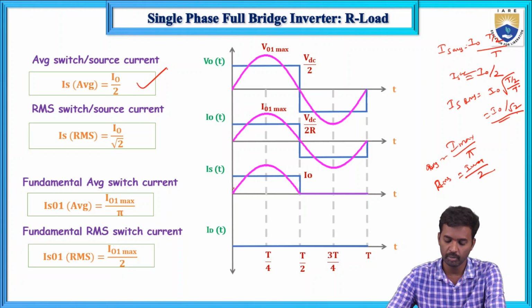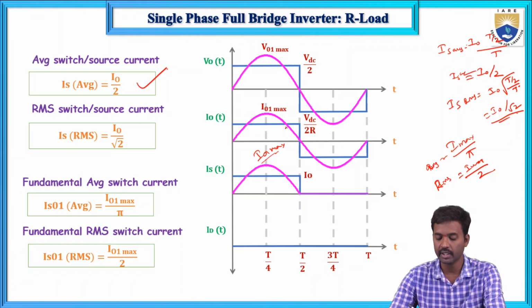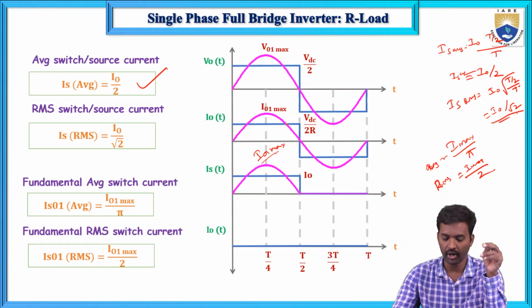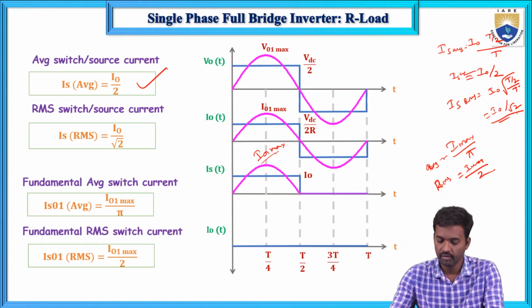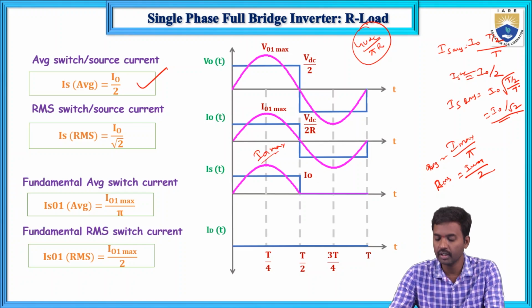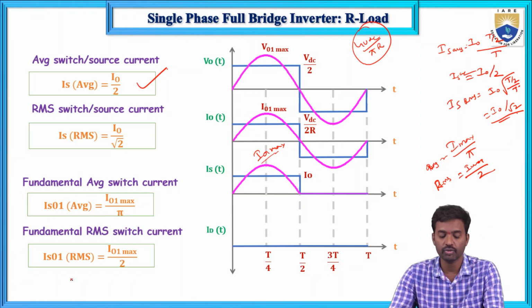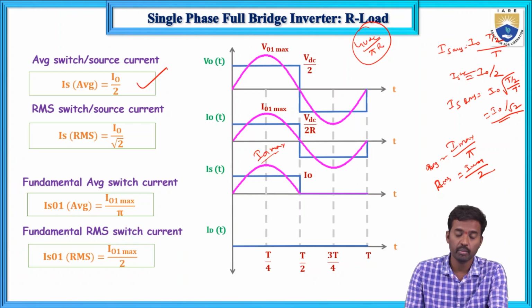This is the fundamental component of switch current, and here I01 maximum by pi. I will calculate this I01 maximum. What is the value of I01 maximum? Already we have calculated this I01 as 4 VDC by pi into R. This is the maximum value of the fundamental component of current. So substitute in this, you will get the fundamental average switch current and fundamental RMS switch current.